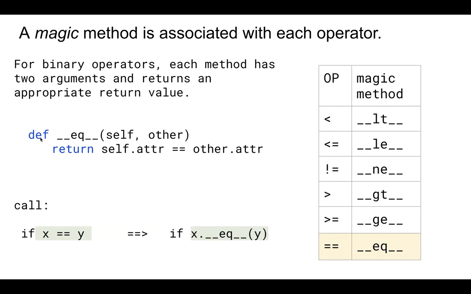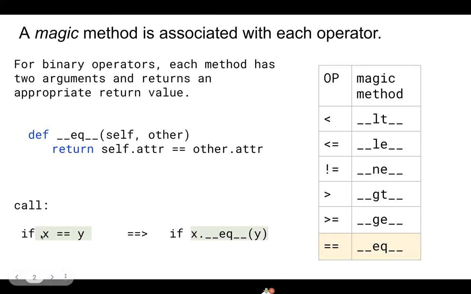In this example, I'm defining an equals method. The equals method is underscore underscore EQ underscore underscore, and it will return true if a particular attribute is the same as the parameter's attribute.